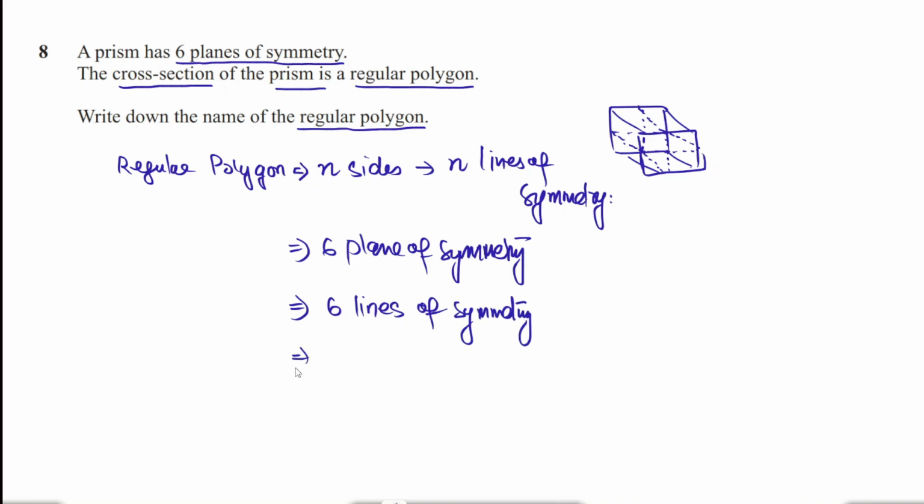And 6 lines of symmetry means the name of the regular polygon is going to be the hexagon. You have to understand by making this 3-dimensional diagram, and only then can you think about this problem. Okay, let us see.